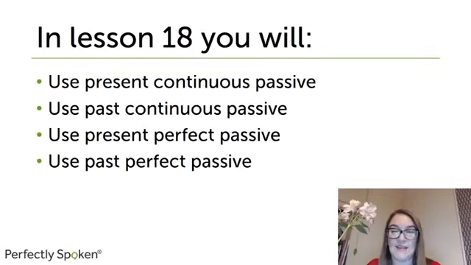In lesson 18, you will use present continuous passive, past continuous passive, present perfect passive, and past perfect passive. I know it seems like a lot of tenses, but don't worry, we're going to look at each one individually.